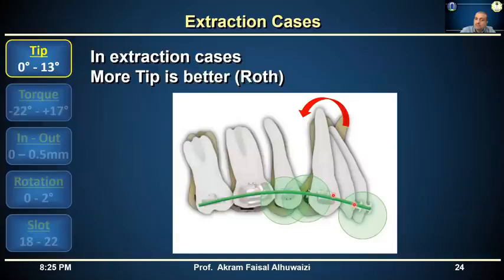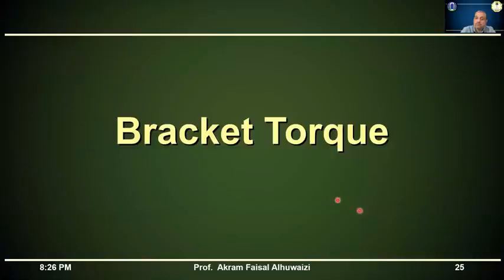In these extraction cases, this extra tip is going to be very helpful so that you can upright the canine and keep it instead of this phenomenon happening. Of course, this is just part of the story, but it is an essential component that is quite useful.